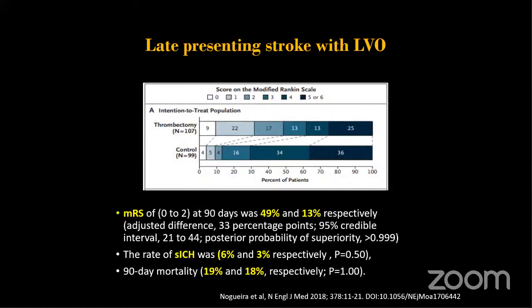Again here, there was a significant shift of mRS, 49% compared to 13% in the control arm, with almost comparable symptomatic ICH, 6% compared to 3%. And the 90-day mortality was 19% in the endovascular arm compared to 18% in the control arm.